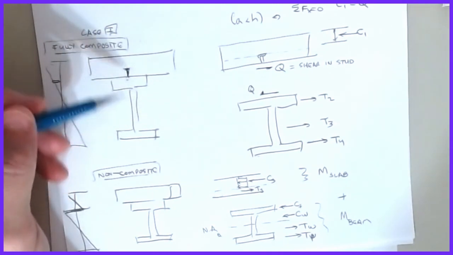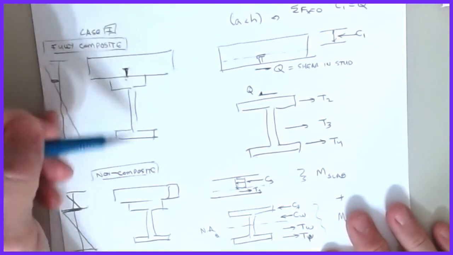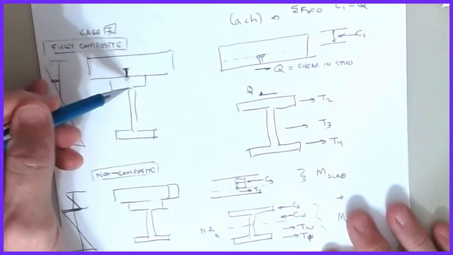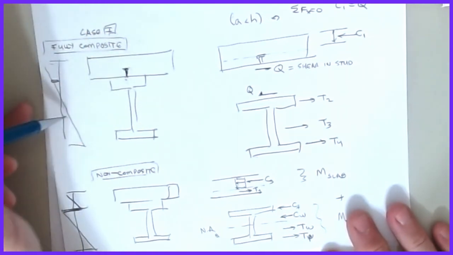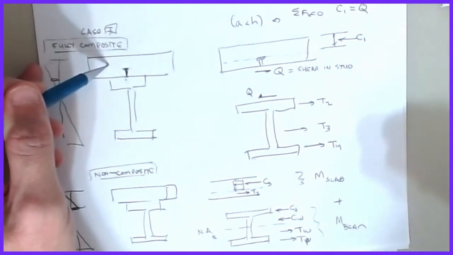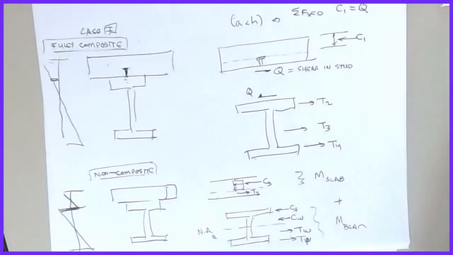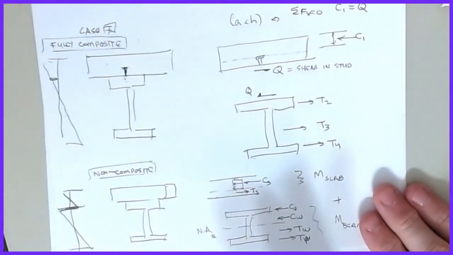Because otherwise, if I pour all this wet concrete onto a beam that's already in place, this beam's going to respond to the load. The beam will carry not only its own load, but it'll also carry the load of the slab on it. But if I shore it, then the slab carries its weight, the beam carries its own weight, and then when I let off the shoring, the vertical loads are going to be applied to both.